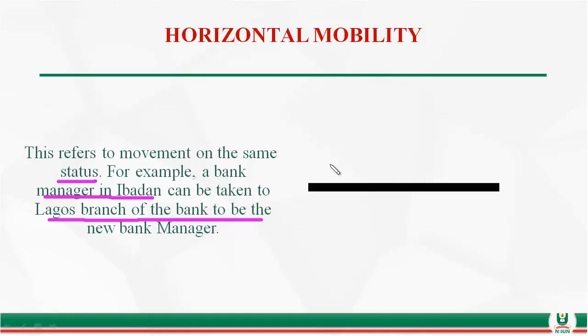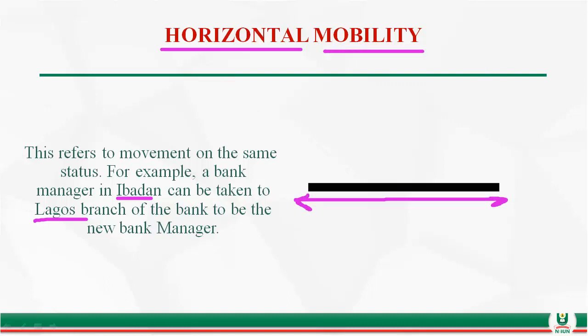So the individual remains a bank manager. That movement is only a change of environment from Ibadan to Lagos, but the status remains the same. That type of movement is termed horizontal mobility.